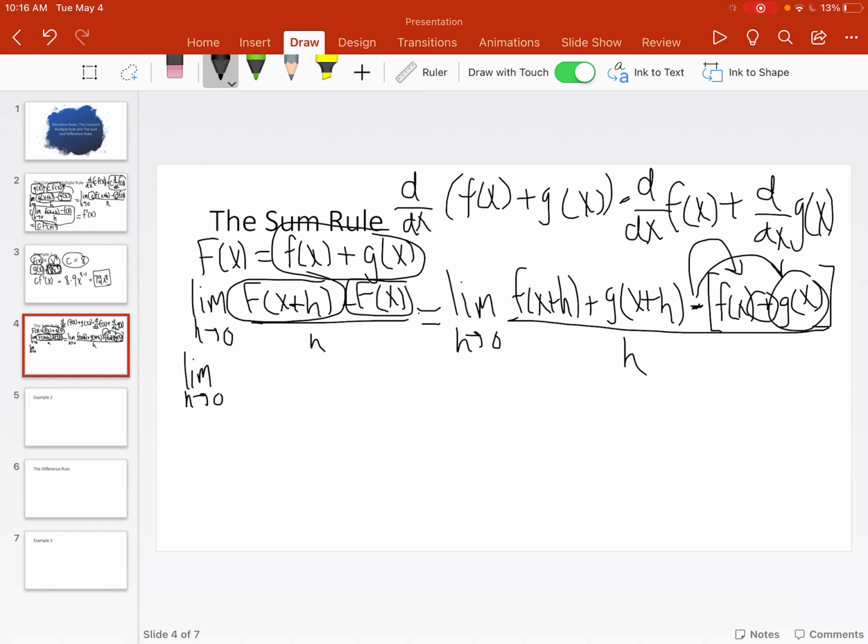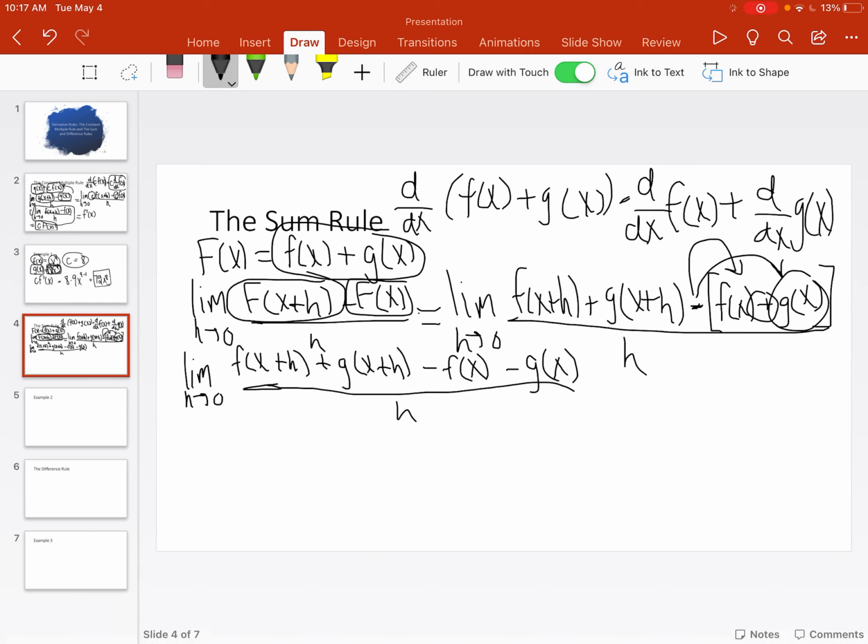We get our limit as h approaches 0 of f of x plus h plus g of x plus h minus f of x. Oh yeah, you've got to distribute the negative sign here too. It's going to be minus f of x and minus g of x all over h.